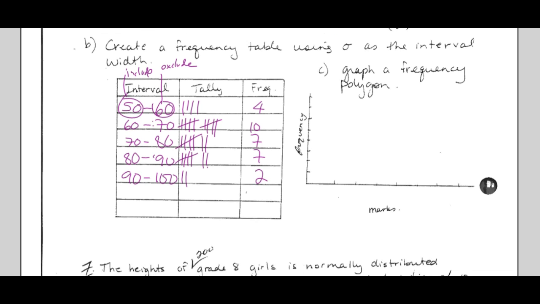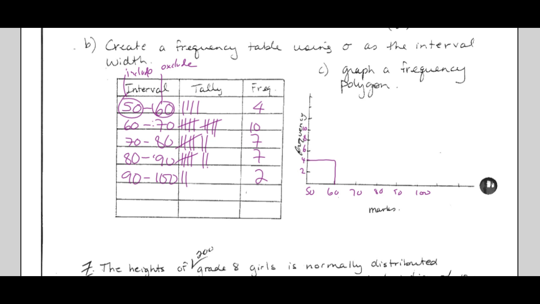Okay, so we can start here. This would be 50, 60, 70, 80, 90, 100. If that goes 50 to 59, you still list it just this way, right? 50, 60, 70, 80, 90, 100. Frequency, 1, 2, 3, 4, 5, 6, 7, 8. So we're going to go 2, 4, 6, 8, 10. 50 to 60 is 4.